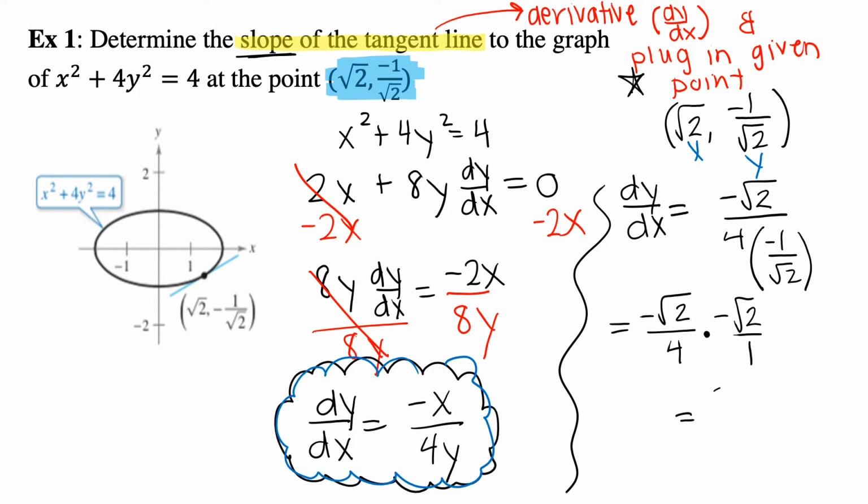Square root of 2 squared is just 2 over 4, which simplifies down to just 1/2. So the slope of the tangent line at the point square root of 2, negative 1 over square root of 2, is just 1/2. And if we go ahead and investigate on our graph, here's our point of tangency, and our tangent line does seem to have a slope of about 1/2.